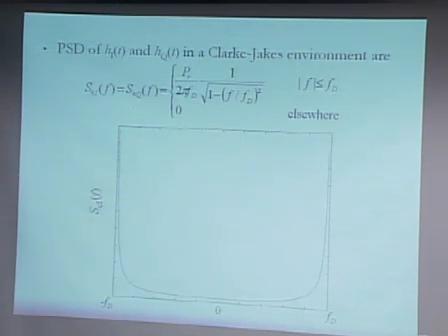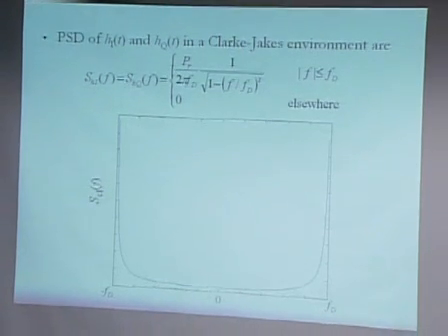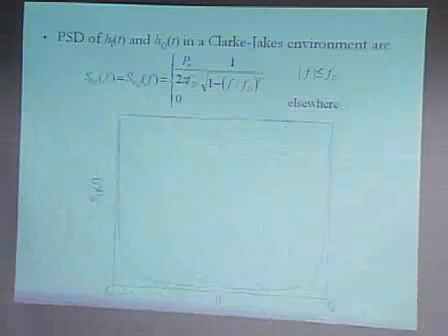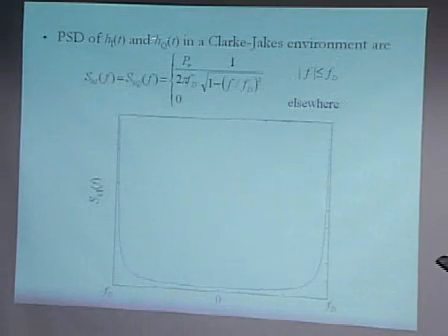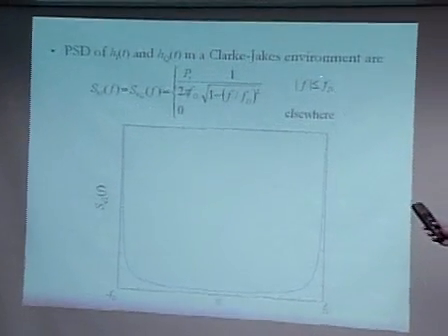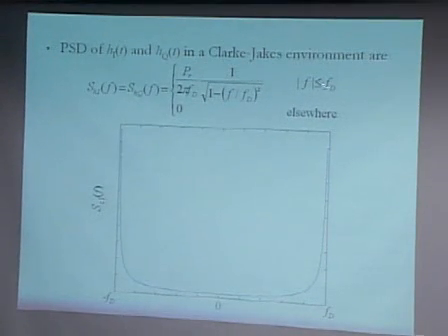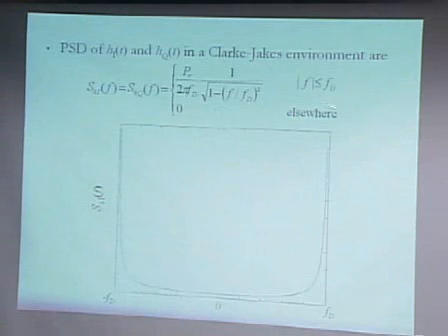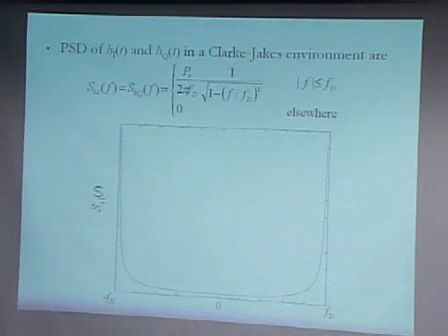It's in closed form, and it's basically 1 over the square root. For frequencies within the Doppler spread interval, it has this shape and it's 0 outside. The frequency can never be shifted by more than f sub d. Remember, this is the maximum Doppler frequency shift.